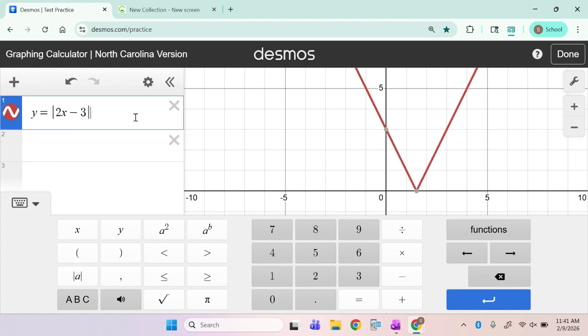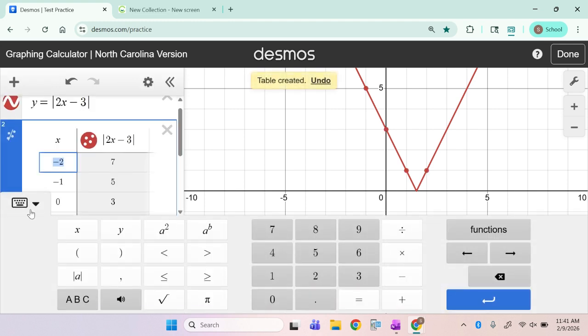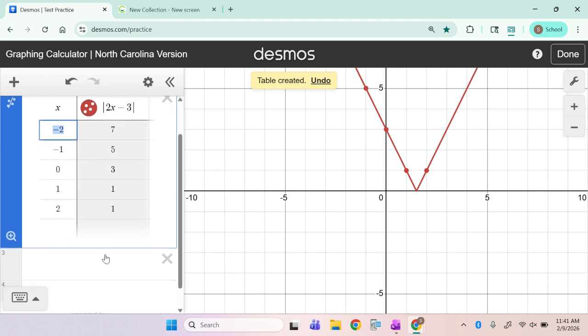Now, does anyone remember how to generate a table in Desmos? So not one where you fill it on your own, but one where you can actually get all the values. I hit the what? Right, we hit the settings key, and then what do we do? Hit the little table. Now, the great thing is that we can type in any x value we want, and it'll give us the y value.